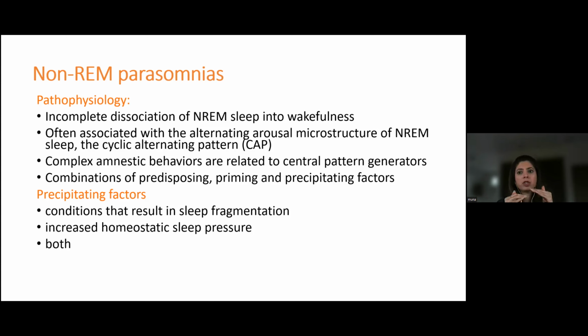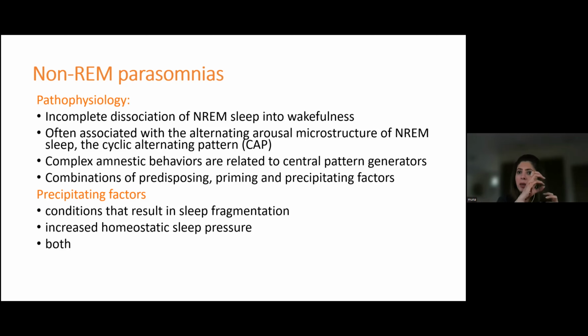As I was referring to before, think of these as partial arousal. When we drift from one stage of sleep to another and even to wakefulness, it's a very carefully orchestrated system. From sleep to N1, N2, N3, REM, and then sometimes we wake up, or we go through this cycle over and over again. But in non-REM parasomnias, there is not that smooth transition from non-REM to wakefulness.